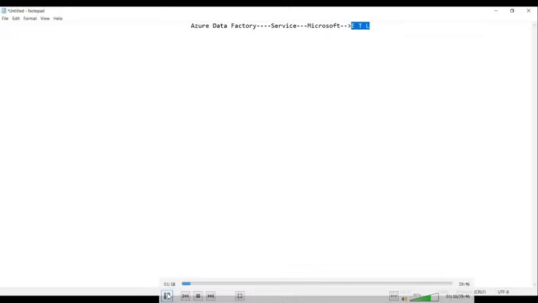So what is ETL? Basically, ETL stands for extraction, then transformation, and then loading.